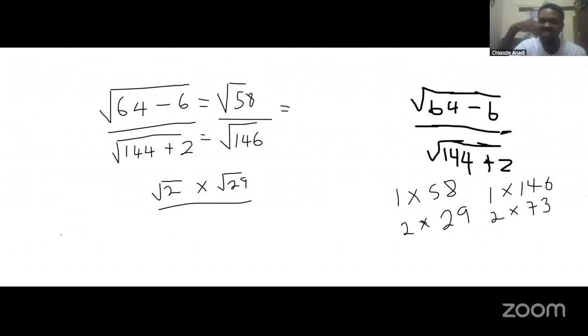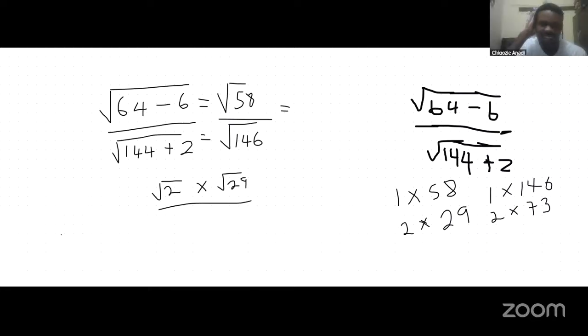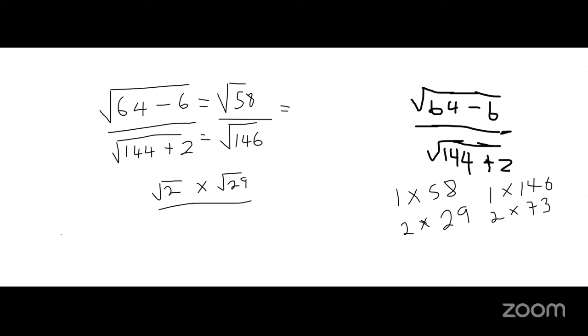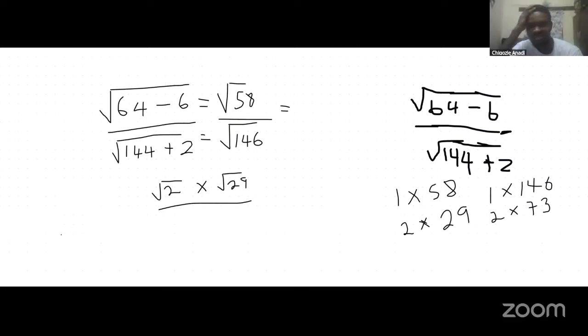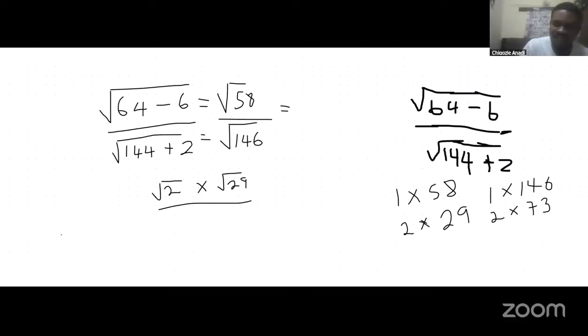No. 7 cannot go. Is 8 a factor? No. Is 9 a factor? No. So obviously we don't have other factors; what we have is just 1 times 146 and 2 times 73.